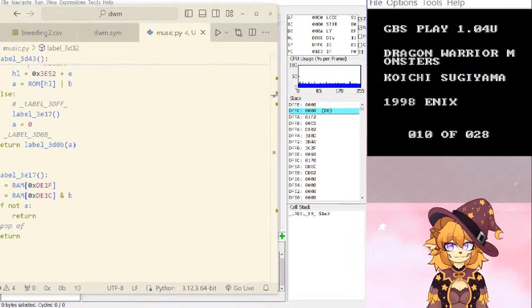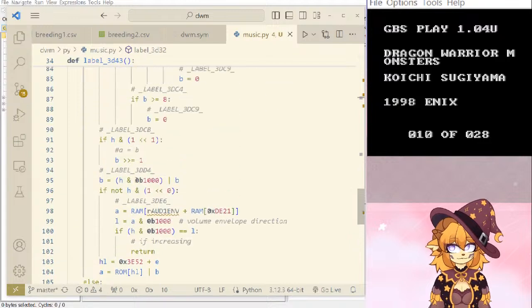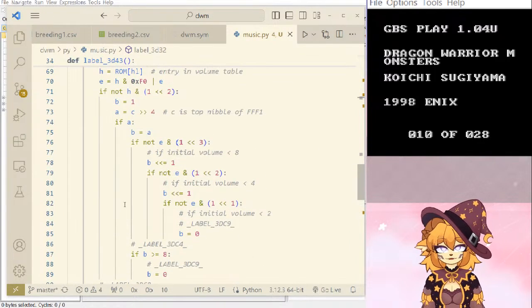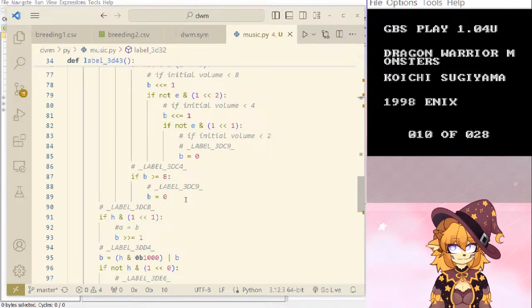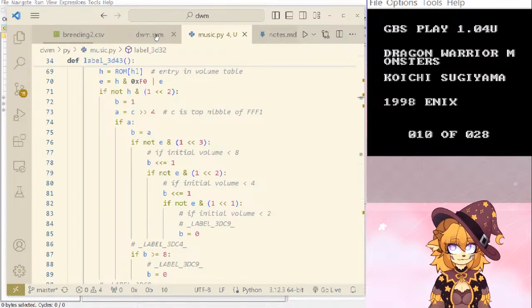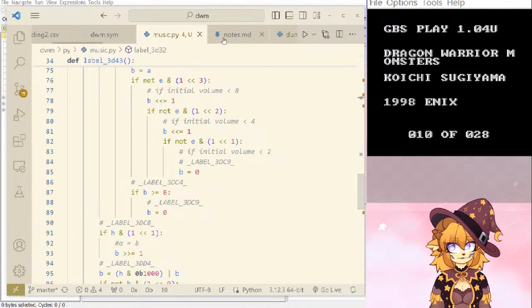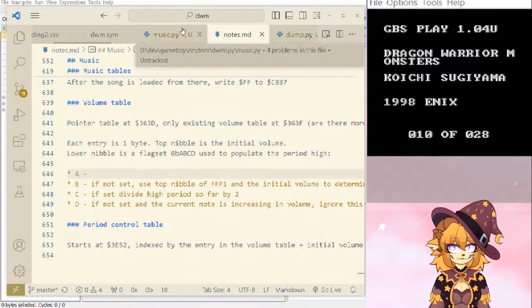Alright, last time we left off deciphering this stuff. I think I got a good amount of understanding on that. I did not figure out this bit yet, so we'll do that real quick.